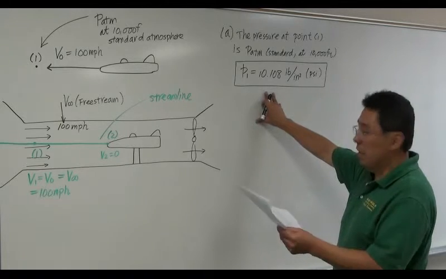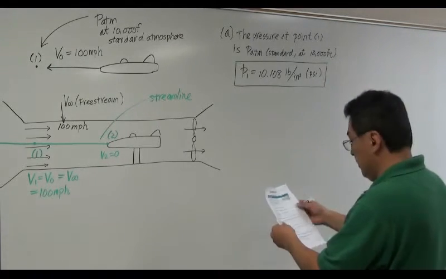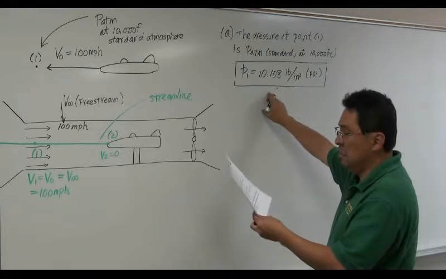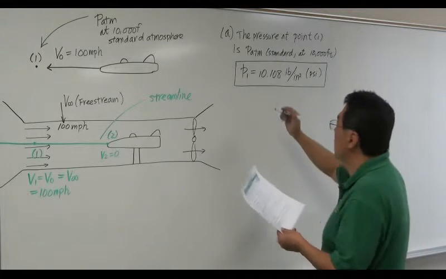I trust that you have a handout to look it up and find the pressure at 10,000 feet. So this is the standard pressure out of the US standard atmospheric model.